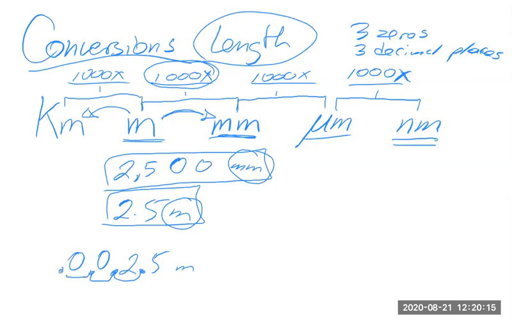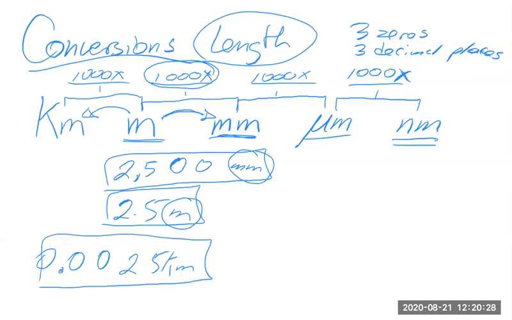Then I can go back and I can erase what I don't need. So what's my new number in kilometers? It's 0.0025 kilometers. Okay, what do I know about all 3 numbers? They're the same exact number. It's just that they're all expressed in a different unit. Okay, I hope that made sense.